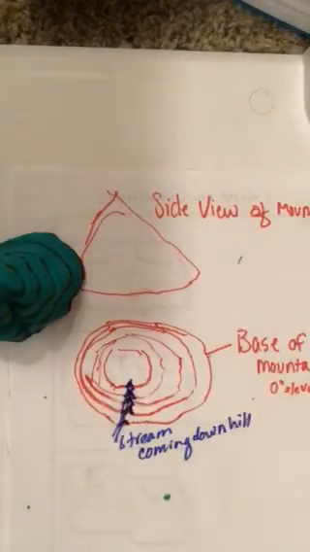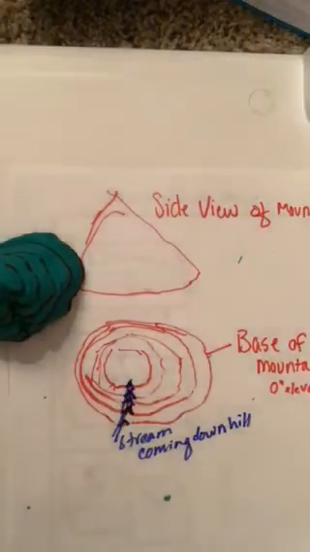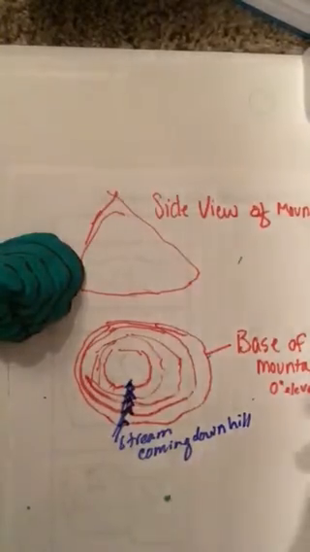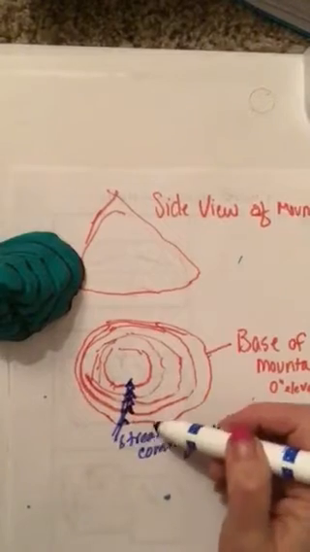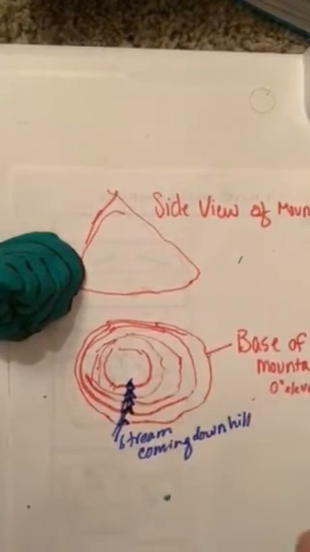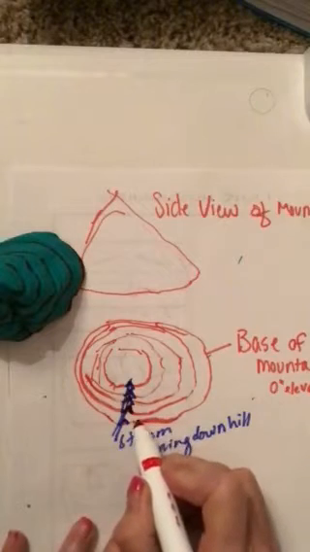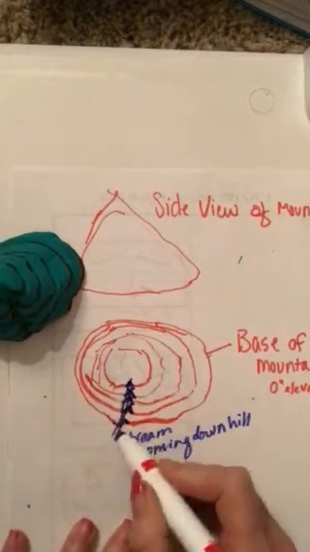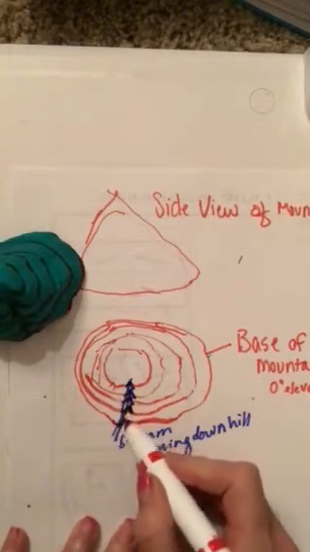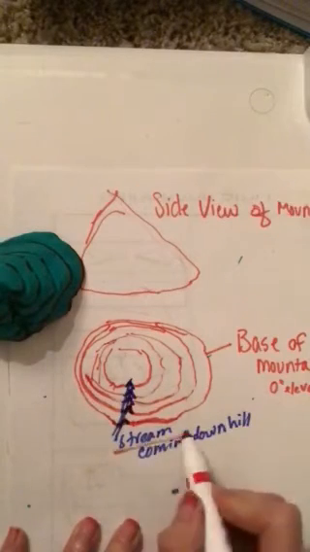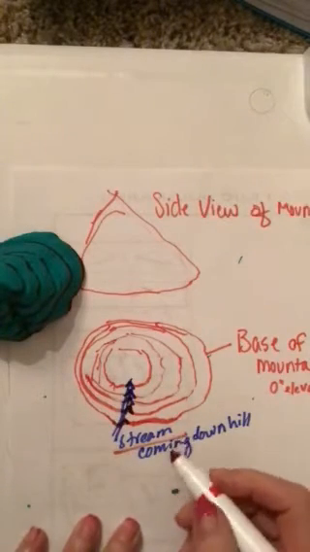This could be a stream, a spring, or runoff like we said, but any kind of arrowheads that look like they're pointing to the top always indicate a stream.